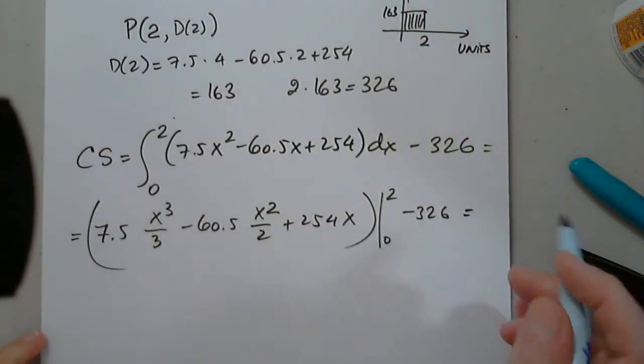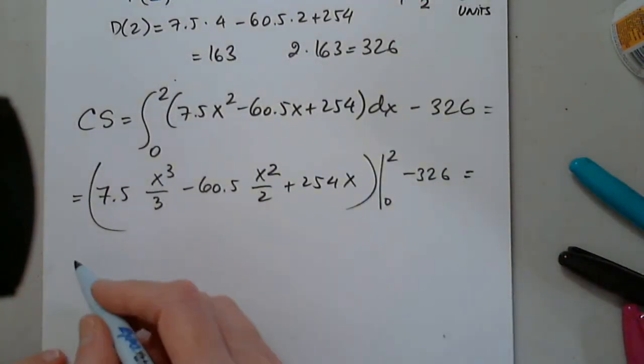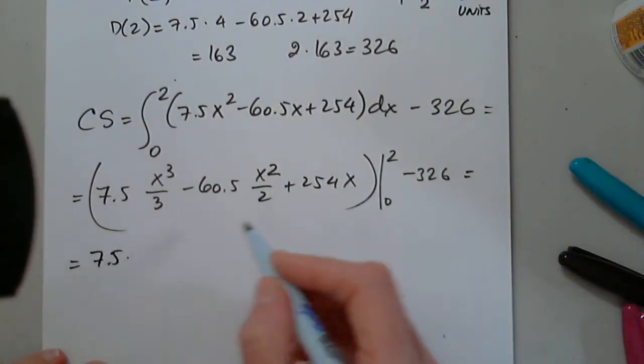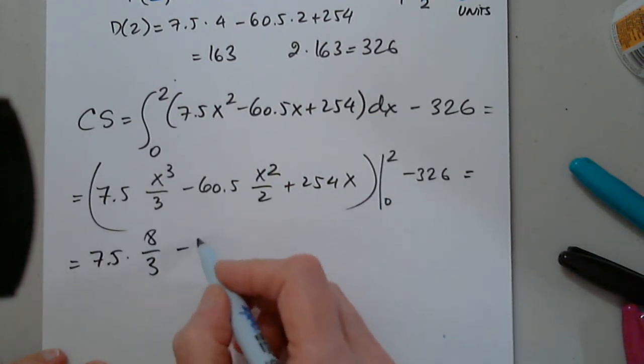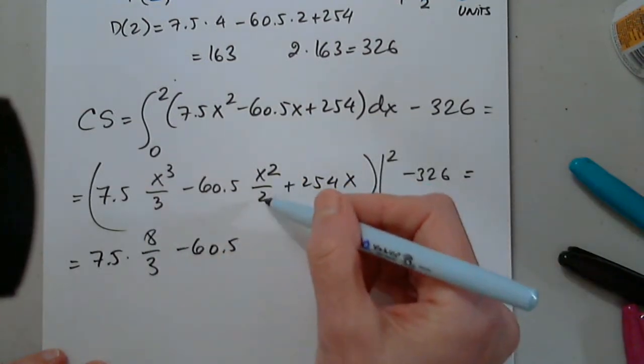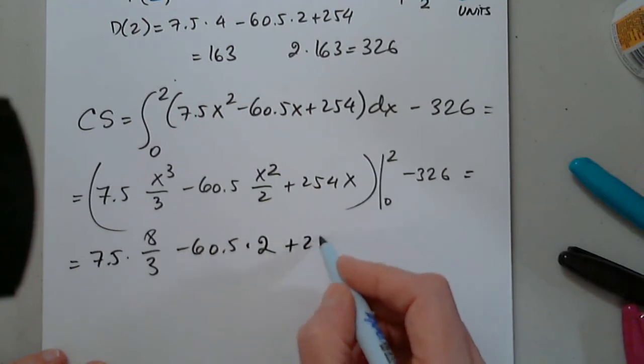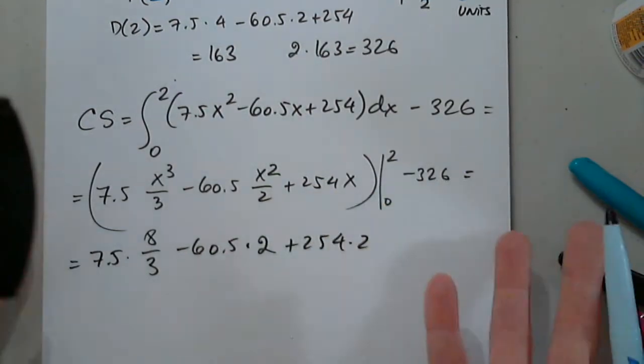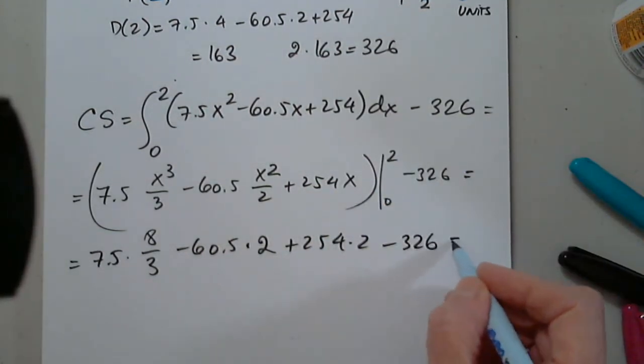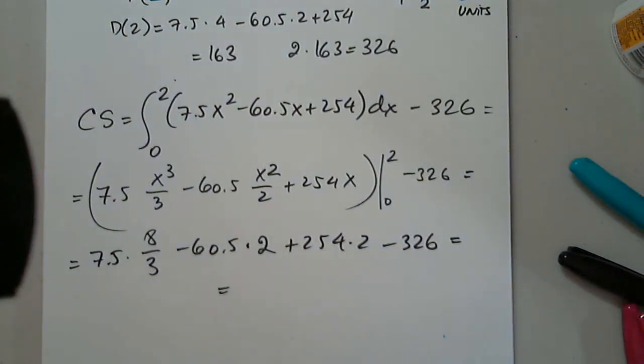I also need you to at least show that you're plugging in 7.5 times 8 over 3 minus 60.5 times 4 divided by 2, plus 254 times 2. When you plug in 0, you get 0, minus 326. And all this can be calculated directly with a calculator. So let me share my screen.